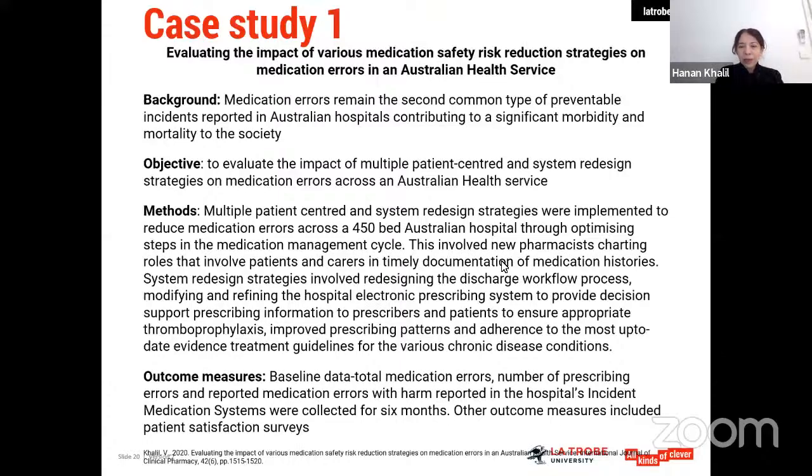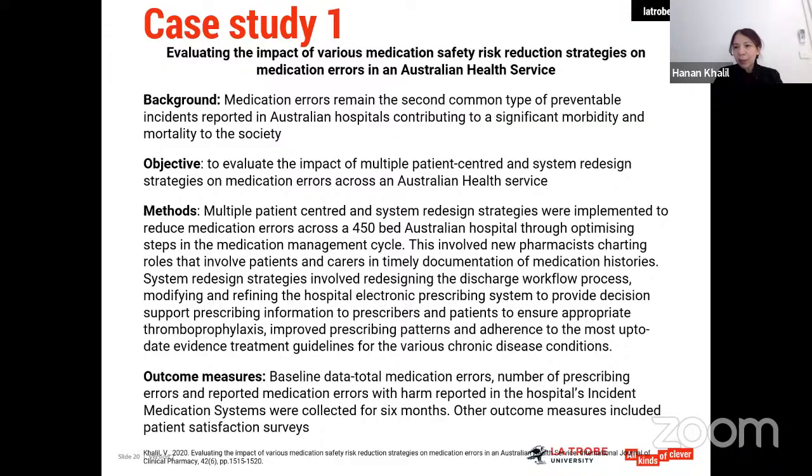The initiatives included 2 arms. One of them involved new pharmacist charting roles. They got some pharmacists and trained them on how to involve patients and carers in timely documentation of medication histories.